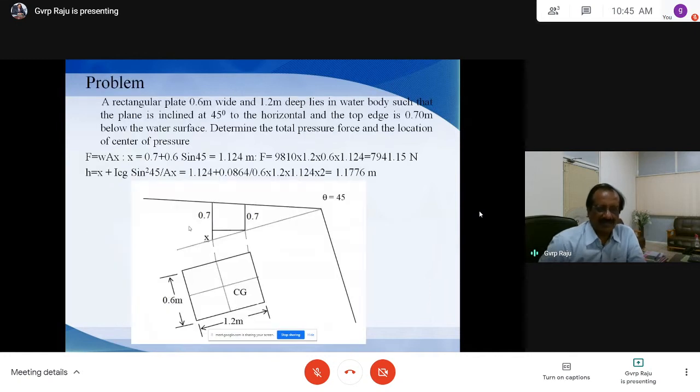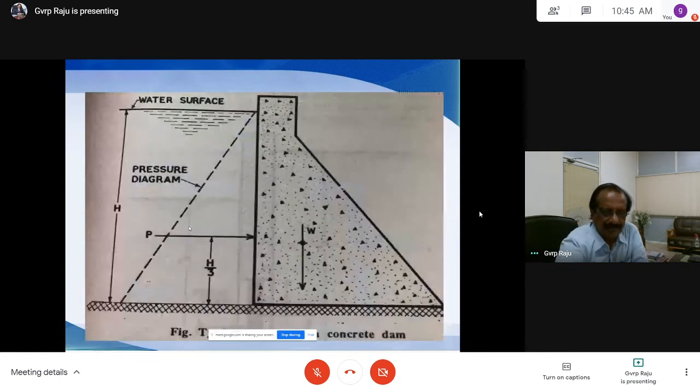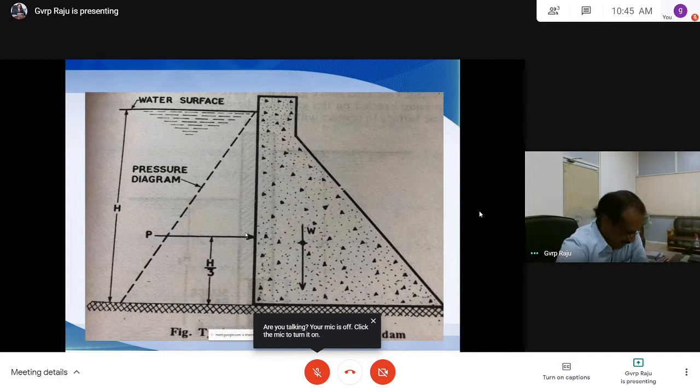So the problem is, he has asked you to find out the center of pressure at depth of, so this is the dam here. This is the water surface level and this is the H here. He has asked you to find out center of pressure, which is at a height of dash from the base of the dam. So this is the base.